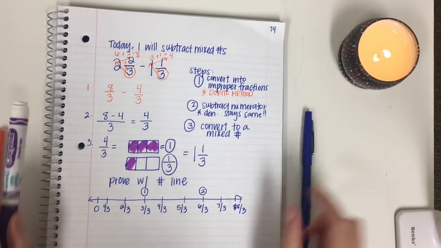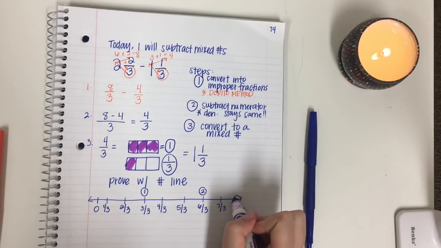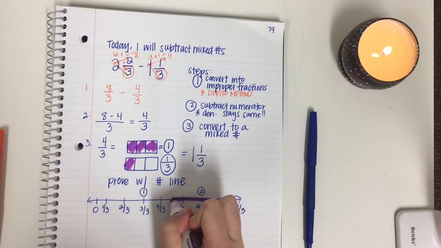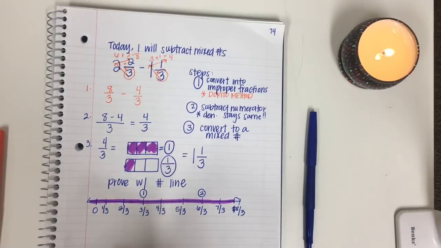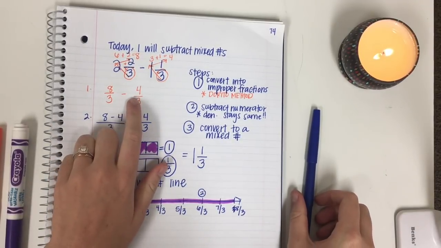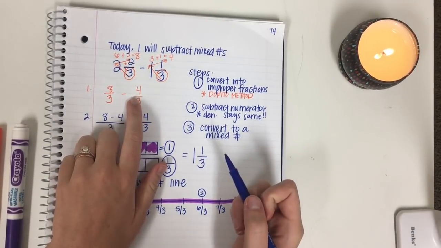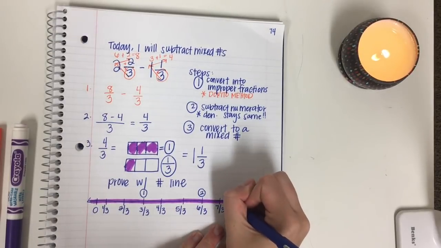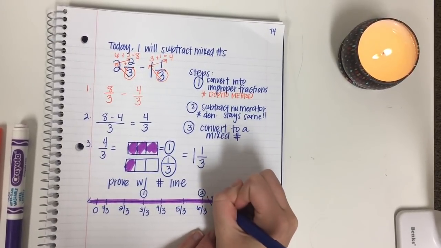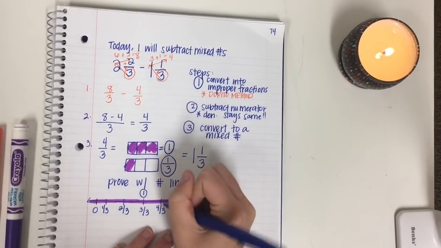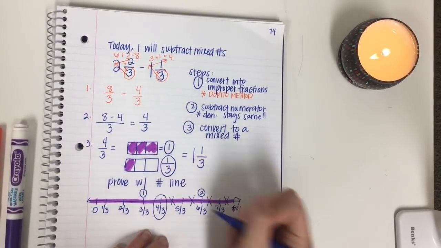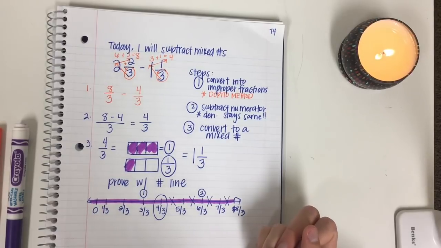So first thing I need to do is shade all of my 8/3. And then I need to cross out how many? 4, right? So I gotta cross out 1, 2, 3, 4, and that puts me at 4/3, which we know is 1 1/3.